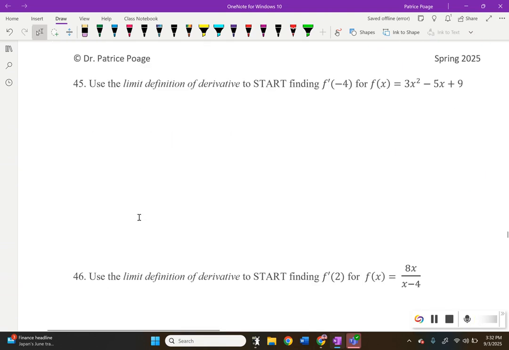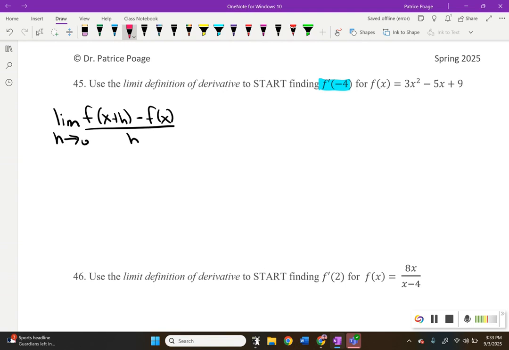Number 45. Use the limit definition of derivative to start finding f prime of negative 4. I'm going to begin by writing the limit definition of derivative: the limit as h goes to 0 of f of x plus h minus f of x over h. Since this time it's given me a number to plug in, I'll plug in x equals negative 4.